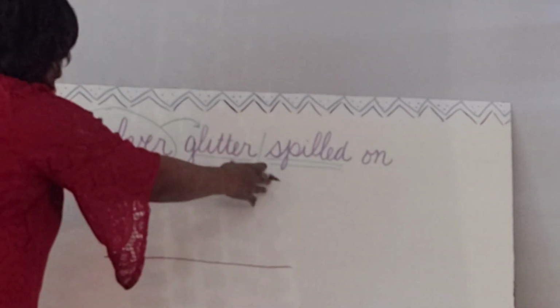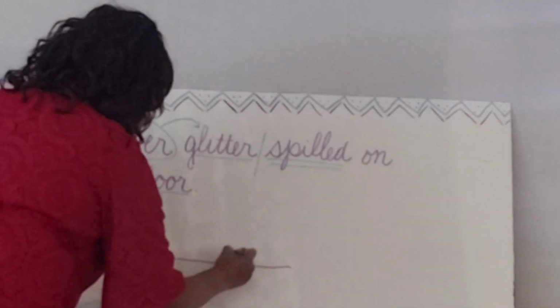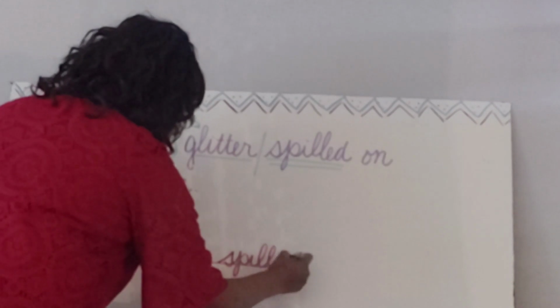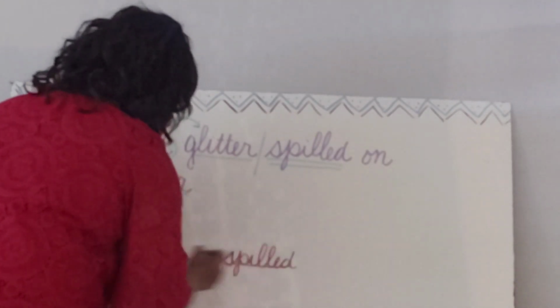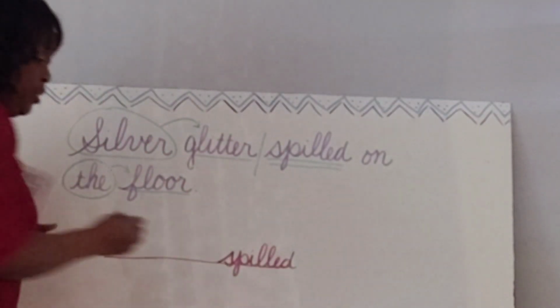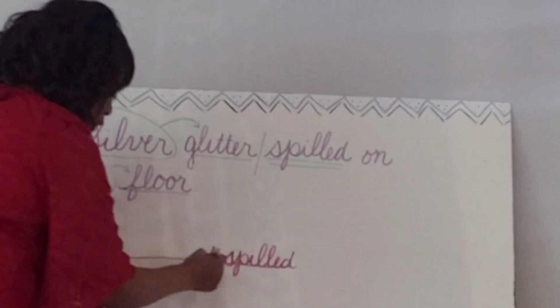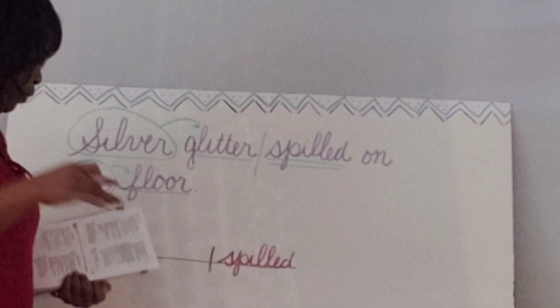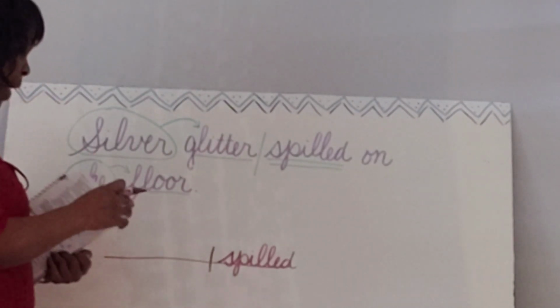Just like we find our verb first, we write our verb first. So on the right hand side, you're going to write your verb, spilled, okay? And then you're going to draw a small vertical line in front of it. In your book, it's already going to be there for you, I believe, so you won't have to worry about that.